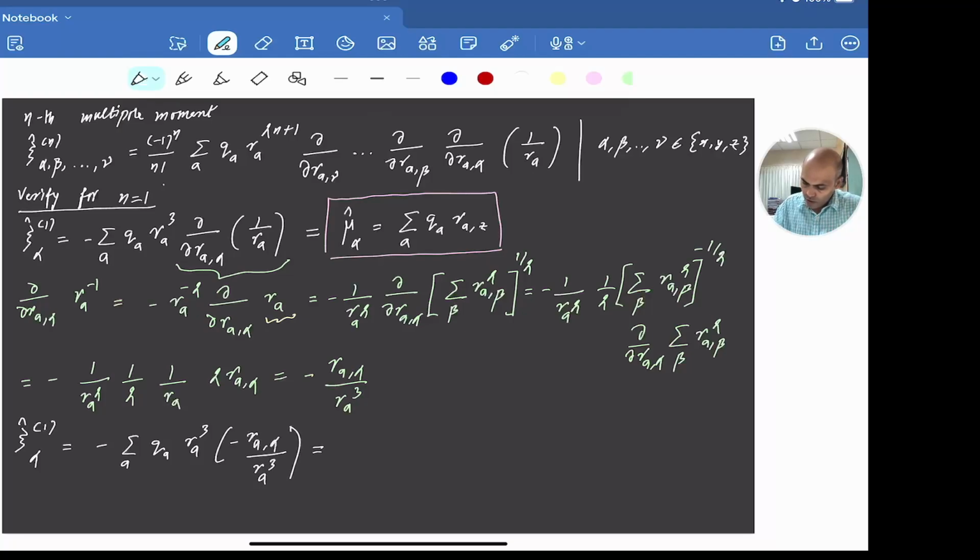So the cube term cancels out and the negative sign cancels out, and then you have sum over a qa Ra alpha, which is the same as the expression that is given in the box here. So this is the same as mu alpha operator.